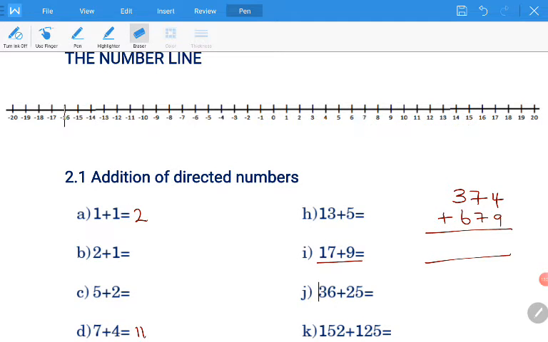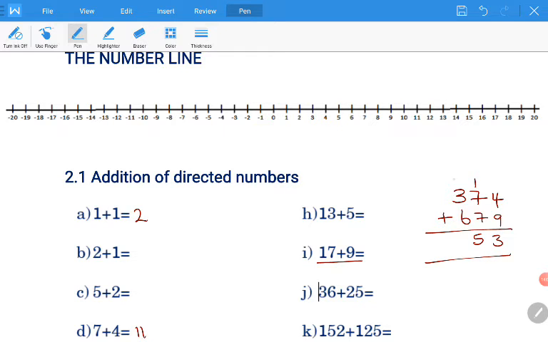So again, going to a number line, it's 4 plus 9. So using our number line, we know that if we add 4 plus 9, we are going to get 13. So this is 3. Then we carry 1. 1 plus 7 plus 7 will give us 15.